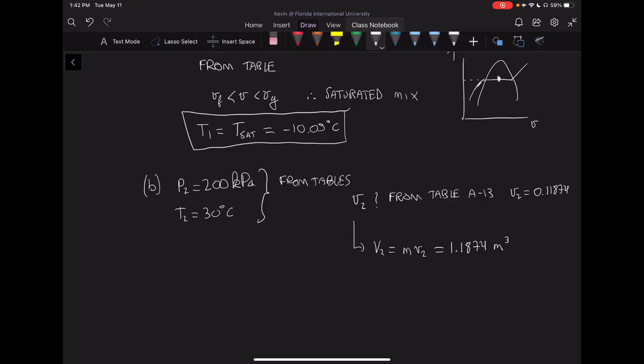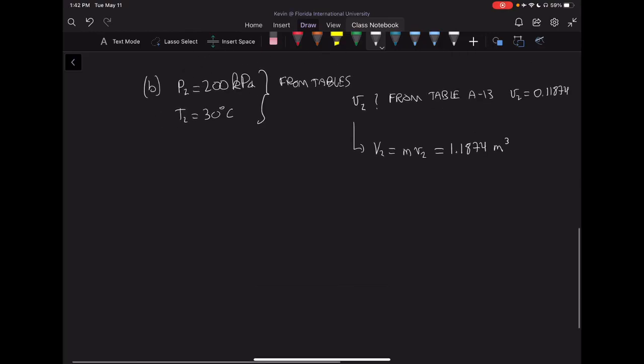Now, what if we were to draw this on a PV diagram? So let's say we have a PV diagram. How would we draw this change from point 1 to point 2? Well, we just plot the values.